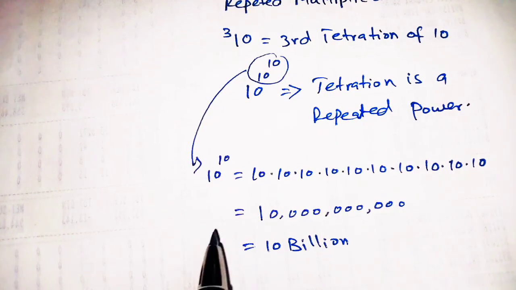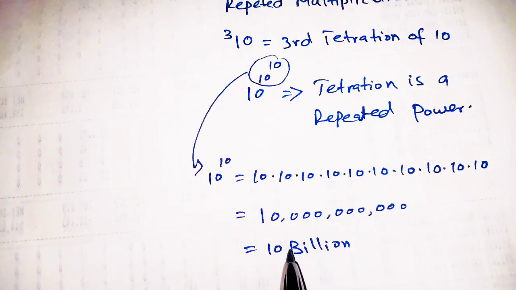So we can write 10 raised to power 10 as 10 billion.